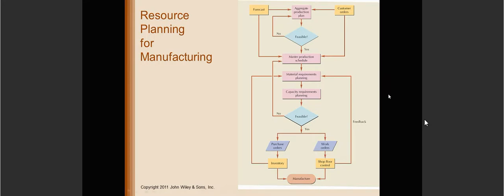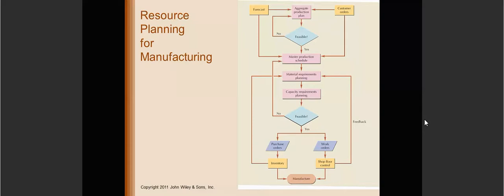Do you remember that we already have knowledge about the aggregate production plan, which has been discussed in the production operation management courses?